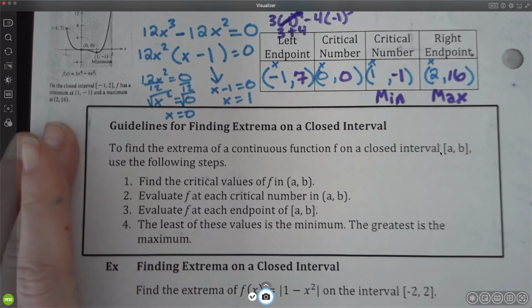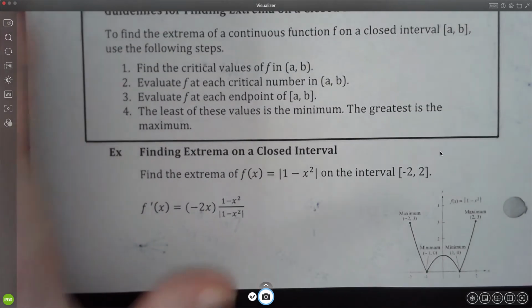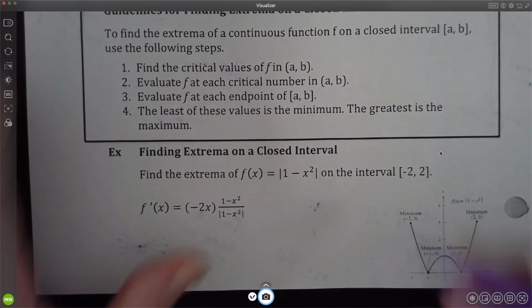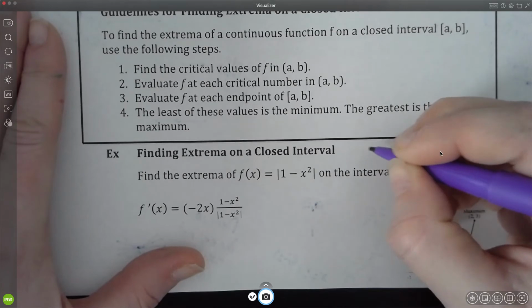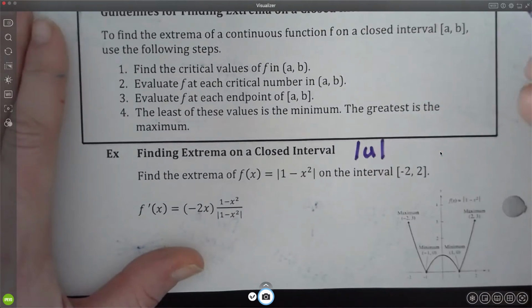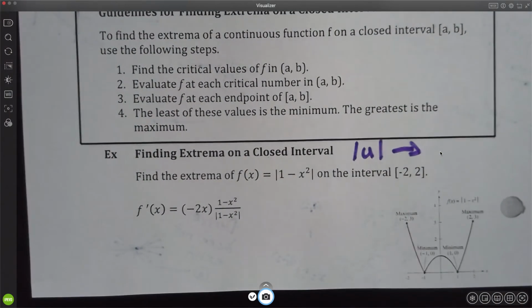All right, last one. This is how you find the derivative of an absolute value function. I can write a rule over here. Let's say the absolute value of u. This is the rule for the derivative of the absolute value.